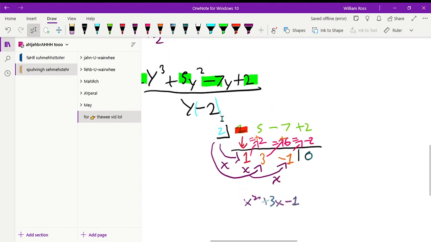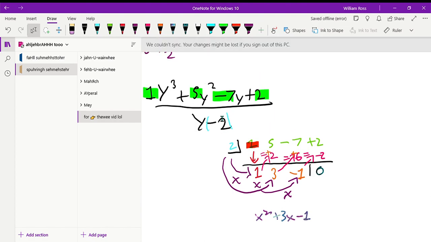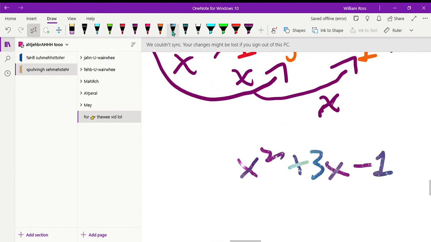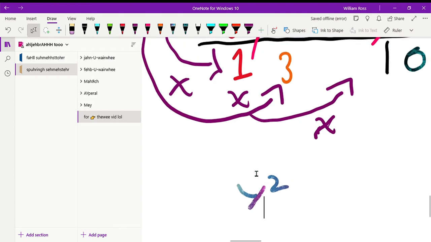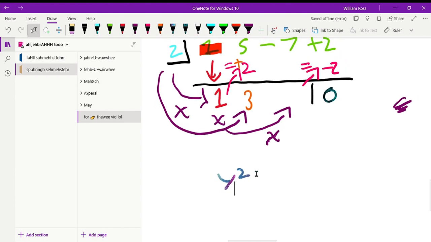Wait, is it? Did I just do x? Okay. I'll cut this part. So what comes of here, that'll be y squared plus 3y.